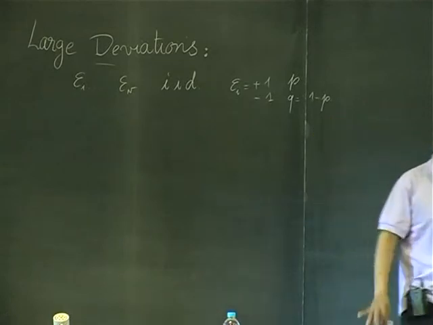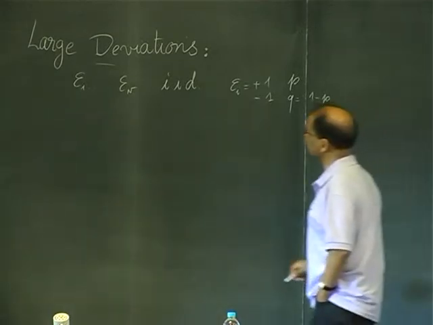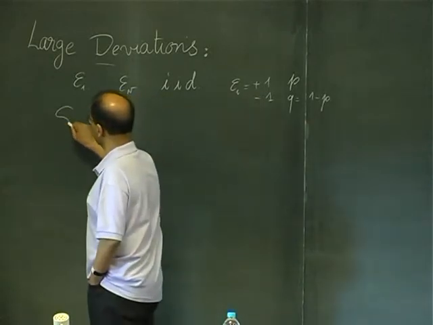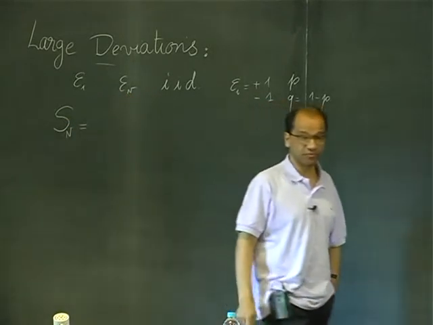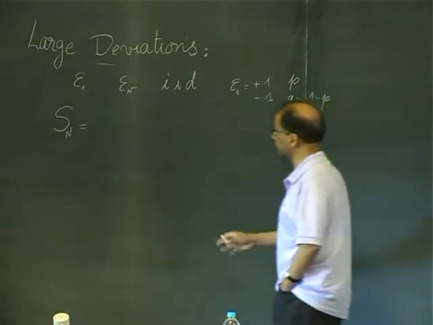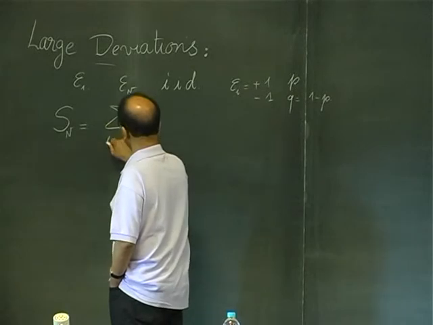A priori nothing to do with the exclusion process, just independent random variables, and we want to compute their sum. So we are going back to the first course of the first year of statistical physics, the very, very beginning. So I want to compute the sum of them.